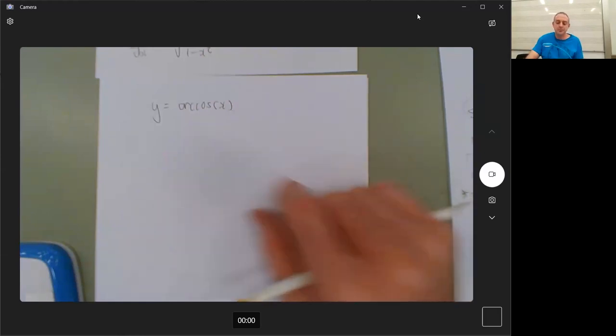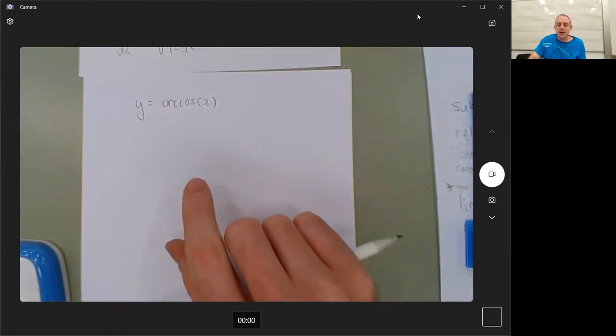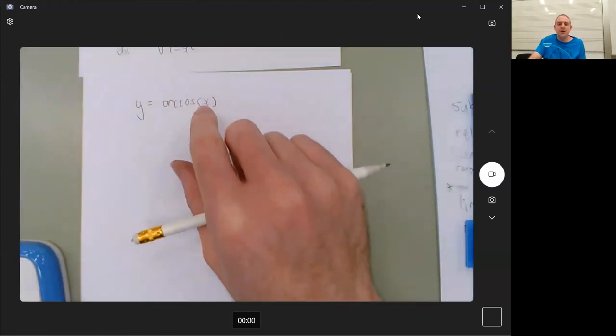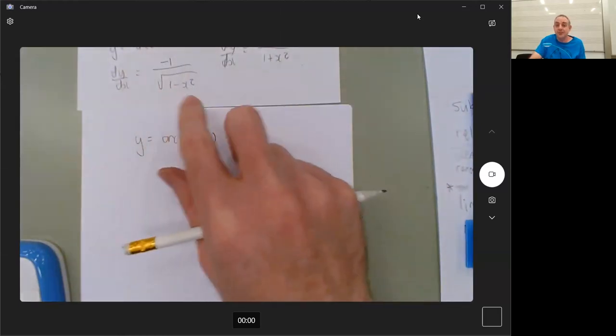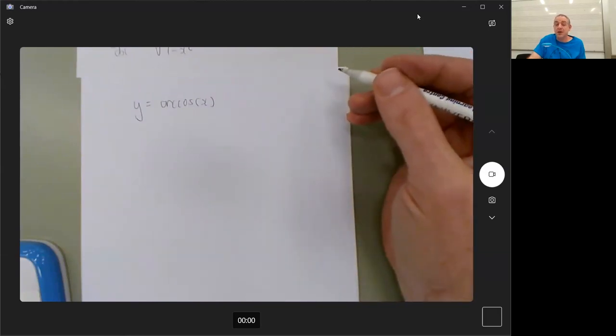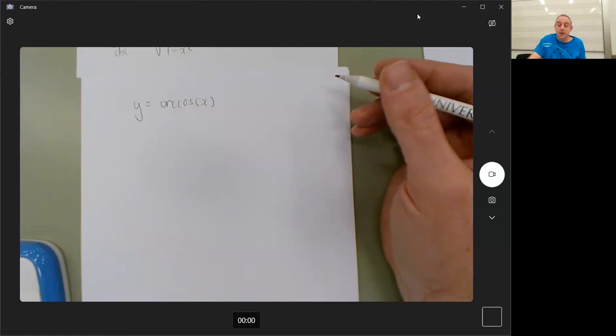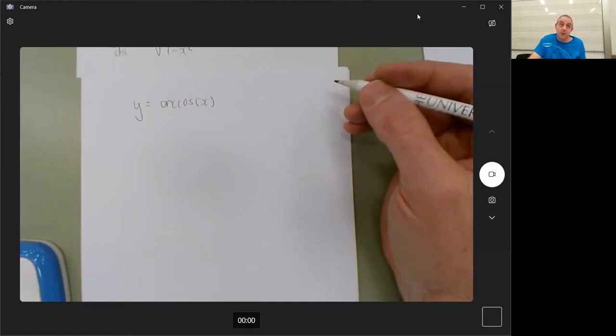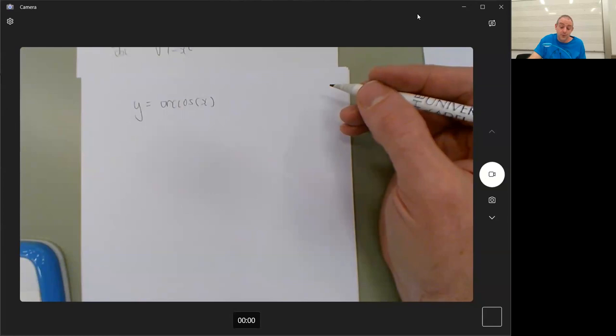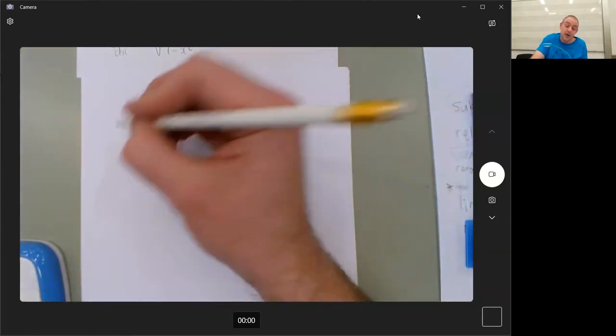Okay, so if you would like to prove that the derivative of arc cos x really is this, then you need to do some trig identity stuff along the way. So here is how I would do it if I were you. This is just how I would do it.